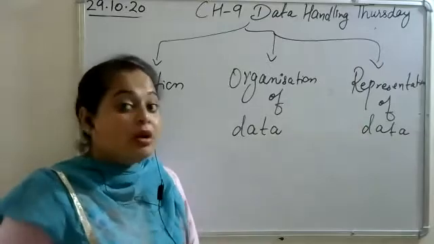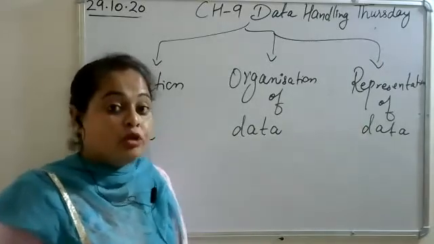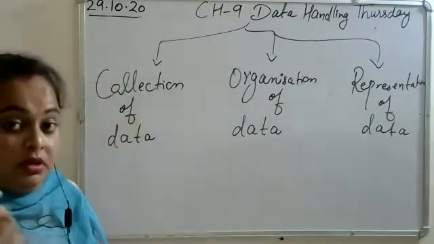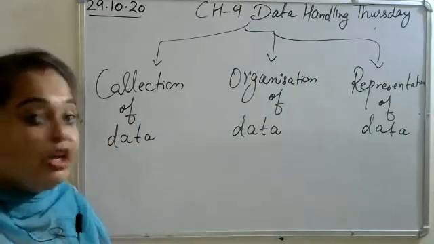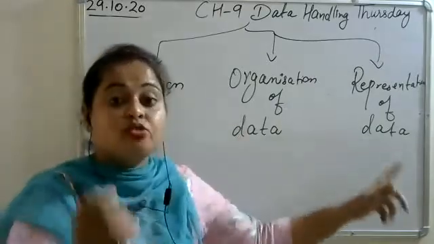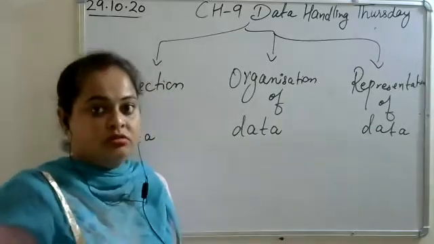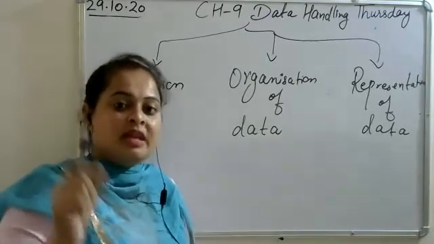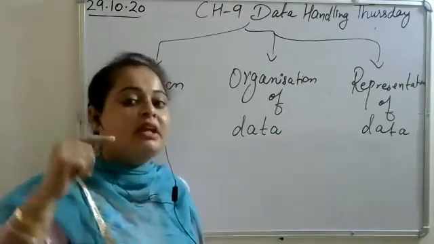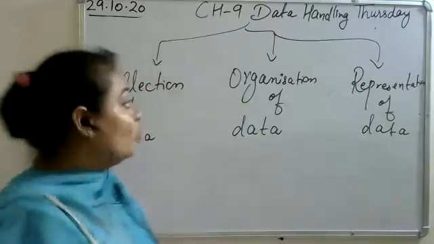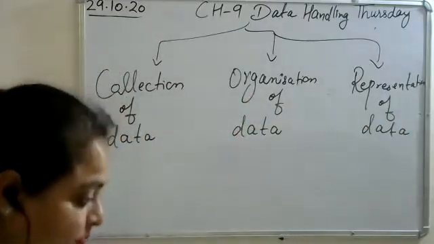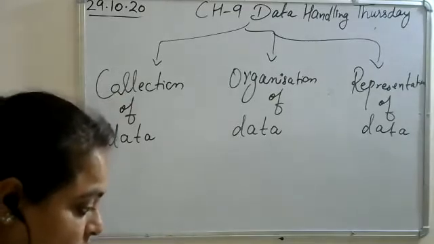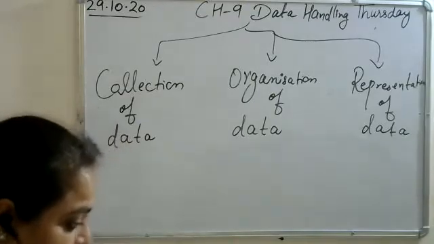I am not talking about pictograph. Tell me the place where you will use all the 3 points together. This is my question. Tell me the name of one activity, the name of one place where you will use all the 3 points together. Yes. Tell me, Bhavya.